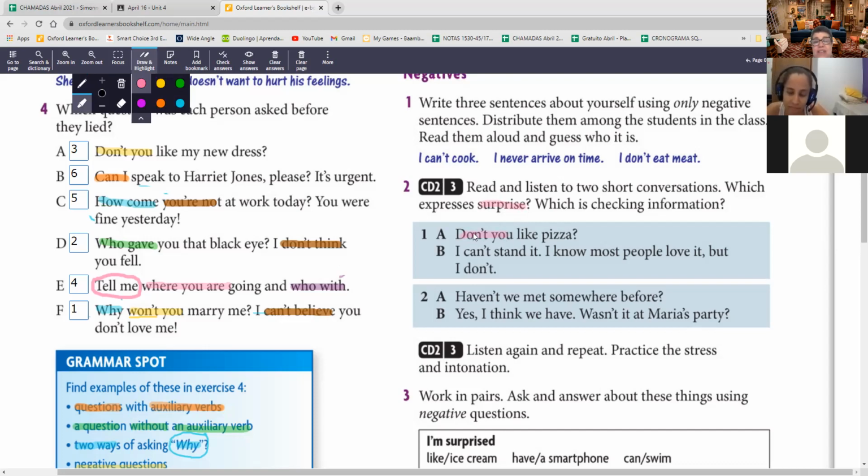As you notice, they start the question with a verb in the negative, and they use an auxiliary in the negative form. So, don't you like pizza? It's like, oh my God, everybody likes pizza. But don't you like pizza? And then he answers, I can't stand it.